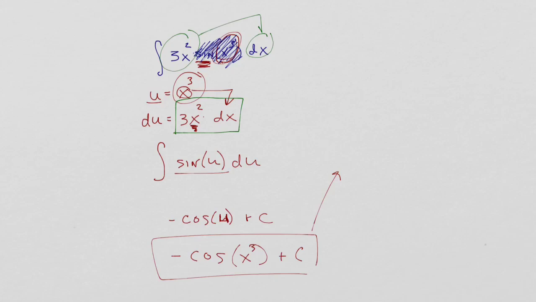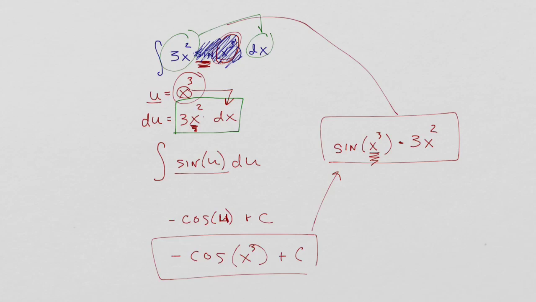And we do, because the derivative of the negative cosine of x is going to be positive sine of x cubed. This is the derivative of the outside, evaluated at the inside, times the derivative of what's inside, which is the function that we began with.